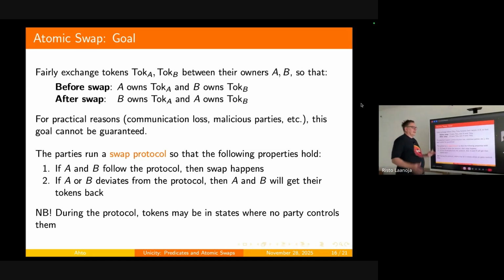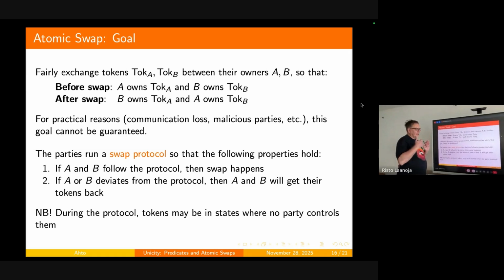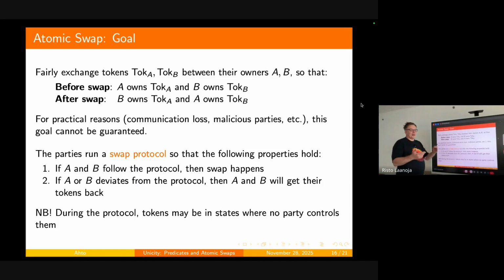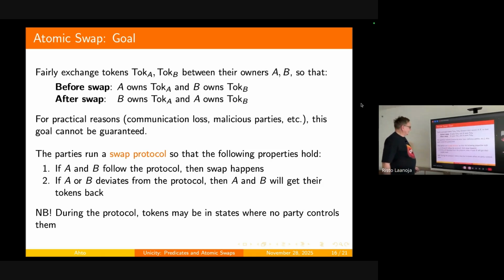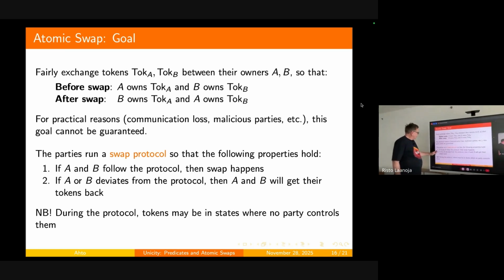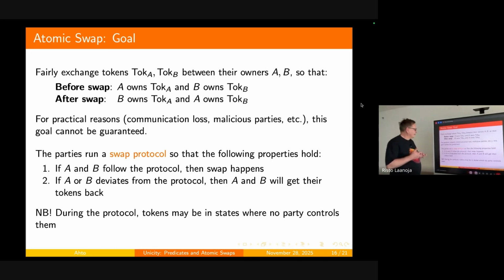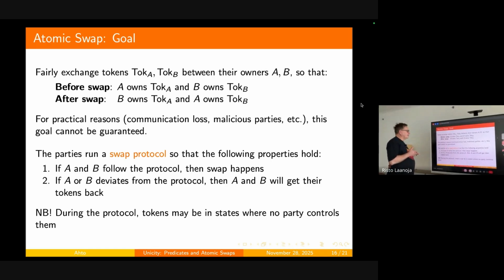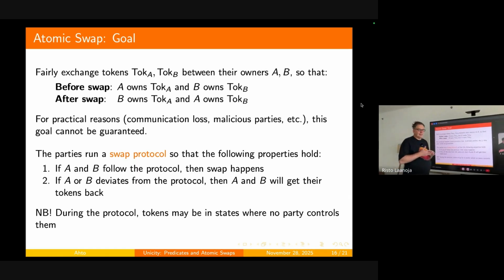Following means that they indeed send the messages they are supposed to send, and the messages are received as they are supposed to be received. But if anything happens, or A or B deviates from the protocol, either maliciously or non-maliciously, then A and B will get their tokens back, say after a timeout.